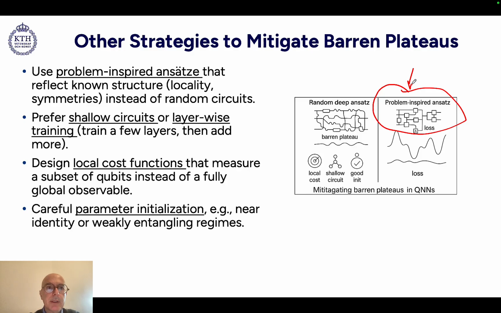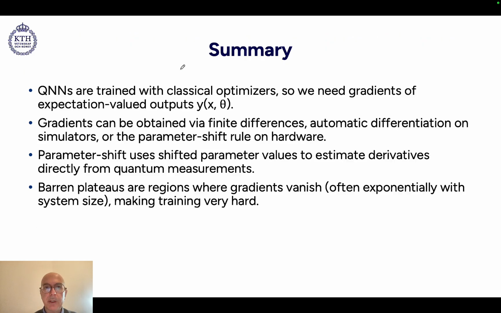So always think about the ansatz. Different ansatzes have different responses to barren plateaus. Typically prefer shallow, smaller circuits, which are expressive but not too expressive, to avoid running into the problem of barren plateaus. Design and use local cost functions, typically on one qubit or a few qubits, and also be careful in the initialization of your parameters to quantum gates in the quantum neural network architecture.